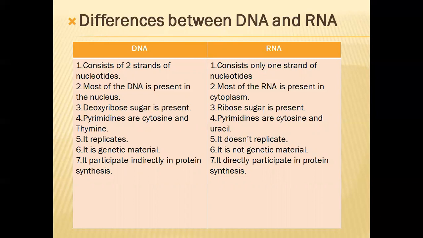From DNA, mRNA formation takes place, that is called transcription. From mRNA, protein synthesis takes place, that is translation. So indirectly DNA is involved in protein synthesis, but RNA is directly involved. The main function of RNA is protein synthesis. So these are the differences between DNA and RNA.